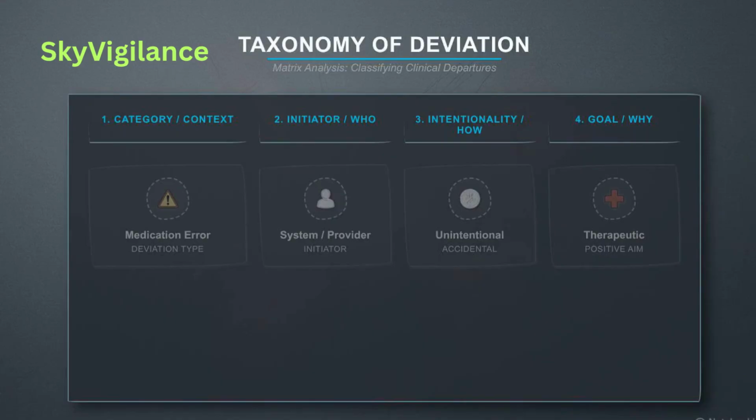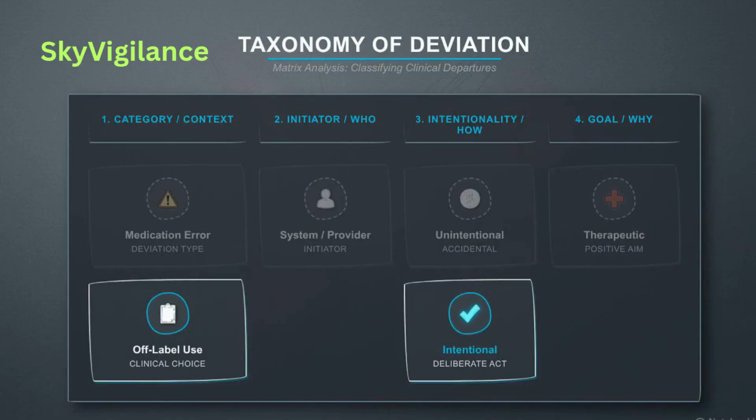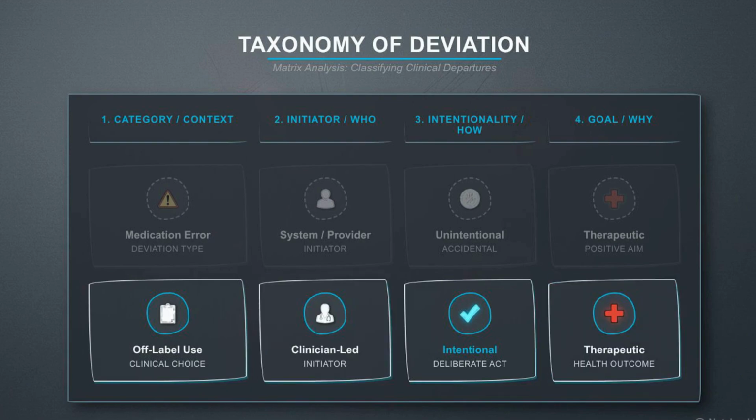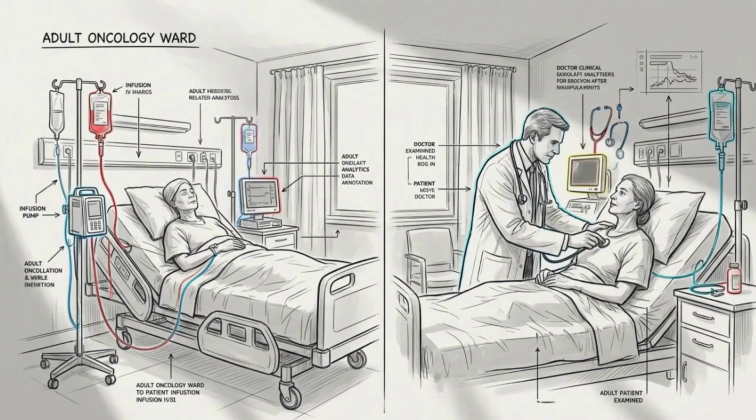Returning to the matrix, we must delineate deviations that are fully intentional yet still aim for a positive health outcome. This defines off-label use. It is a deliberate departure from the approved parameters, initiated specifically by a clinician for clinical reasons. In fields like oncology and pediatrics, real-world evidence frequently outpaces official label updates.